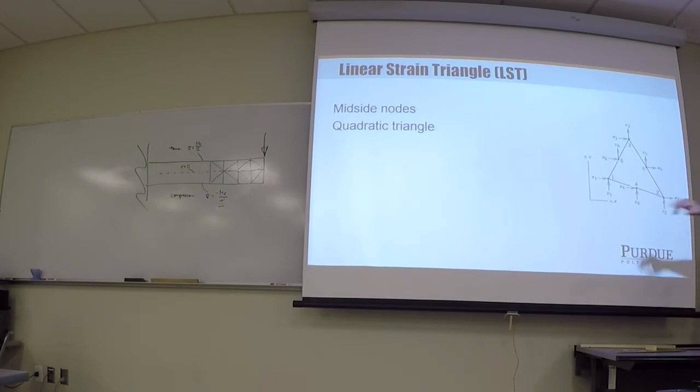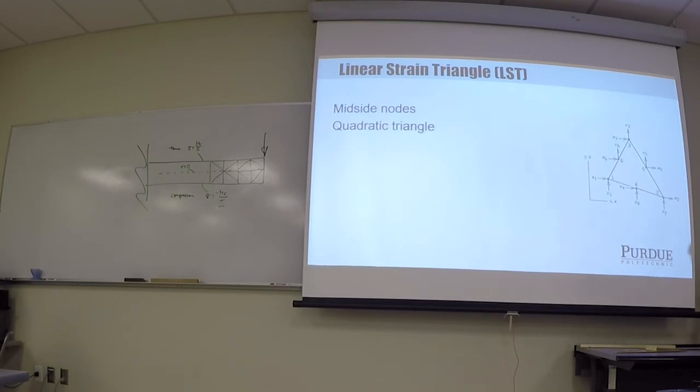So it has a higher polynomial that is describing the side of that triangle. As a result, I have linear strain across the element, and that bending problem over there is linear strain, so an LST is going to model that much better than the CSTs do.